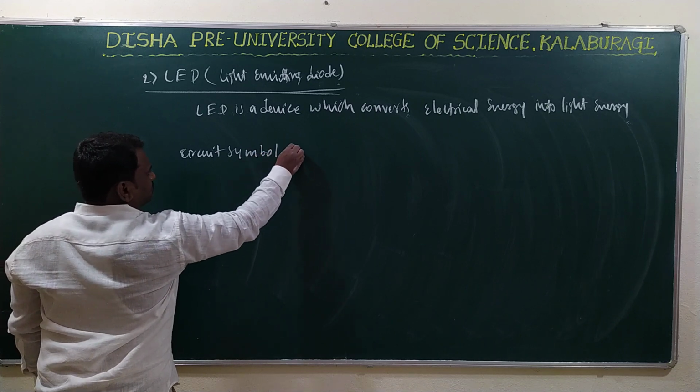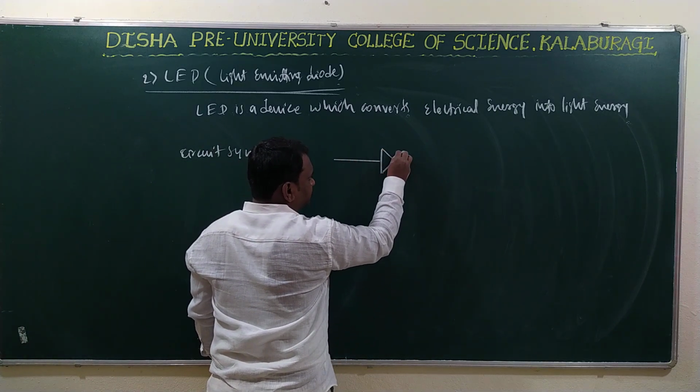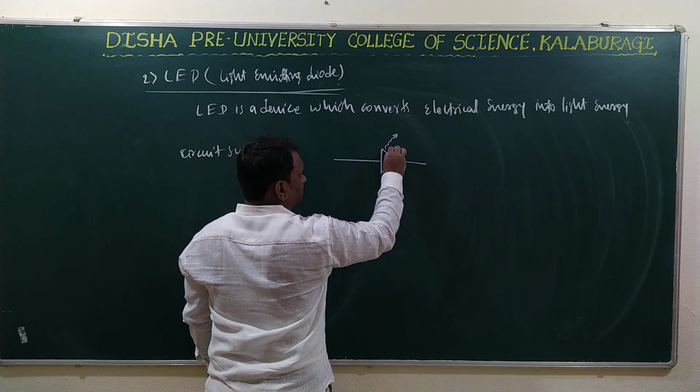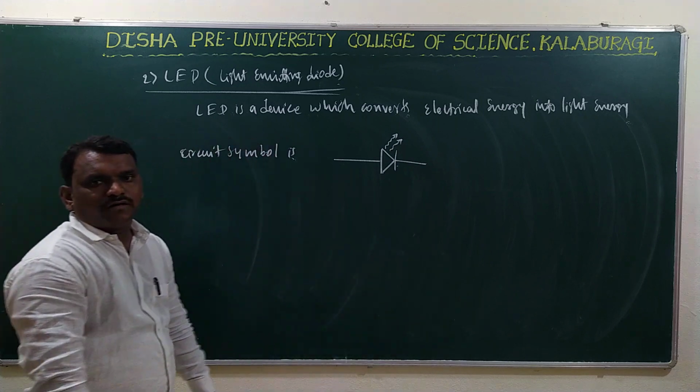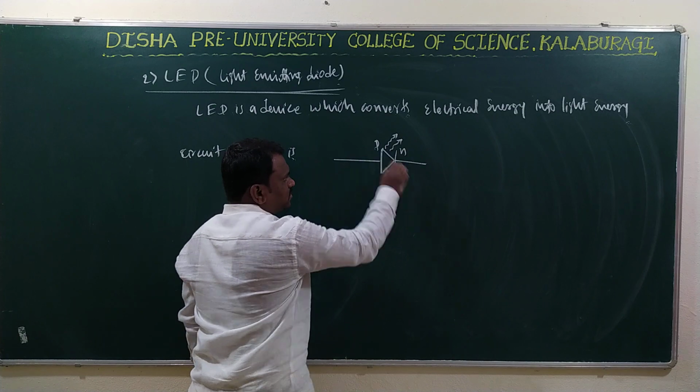This is the circuit symbol of the LED, where the radiations are generated from the diode, away from it. This is the N type and this is the P type.